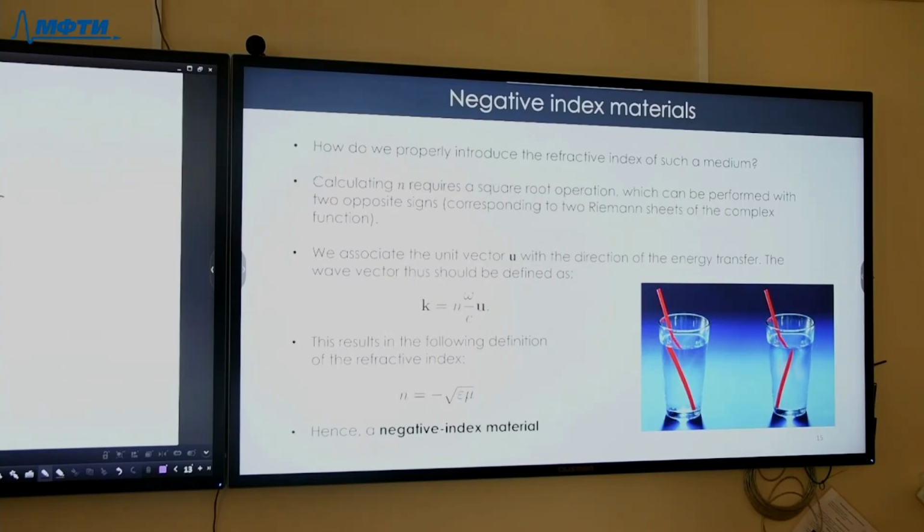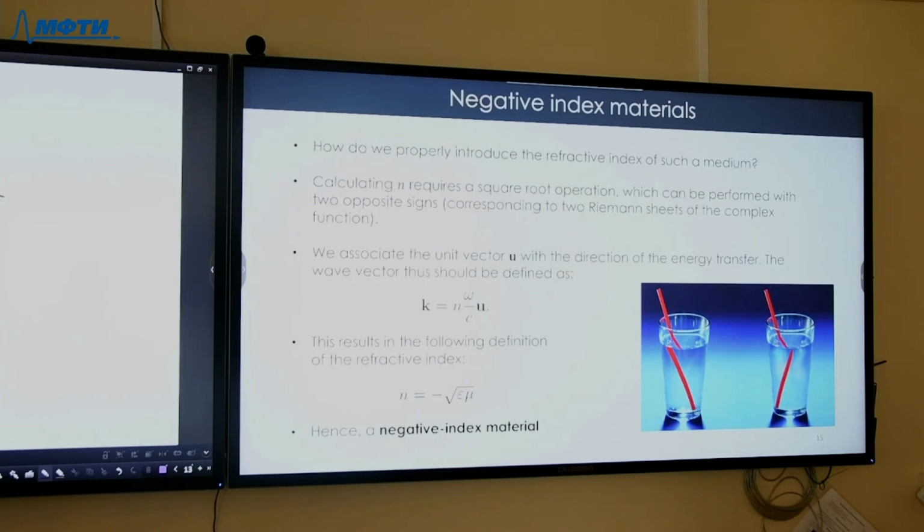In many ways this was one of the major drivers of the development of nanophotonics and near-field optics. And then maybe a decade or so later, people lost interest in negative index media.